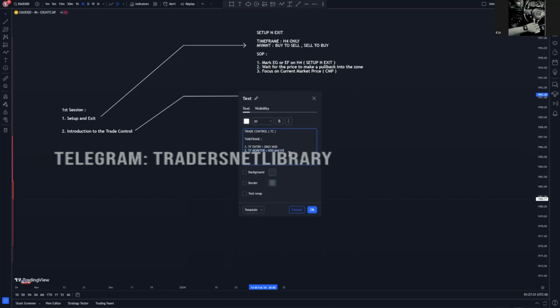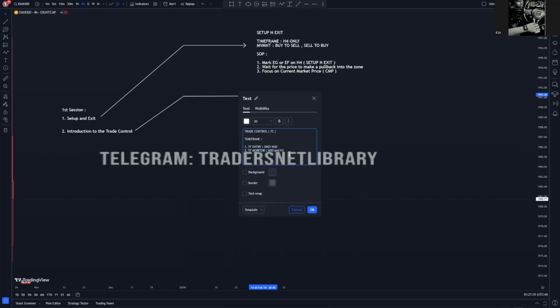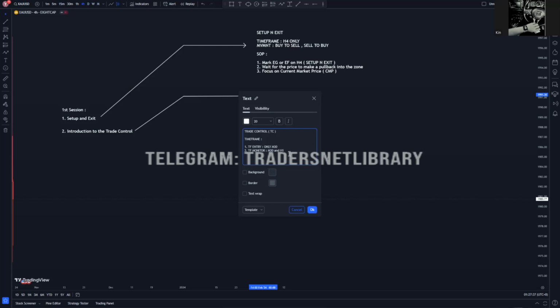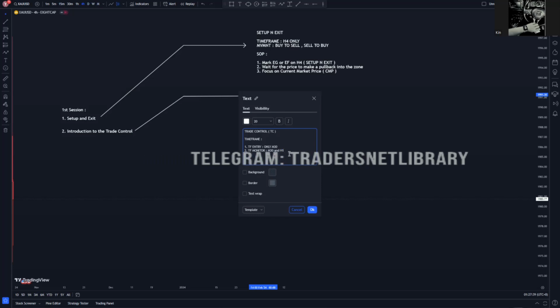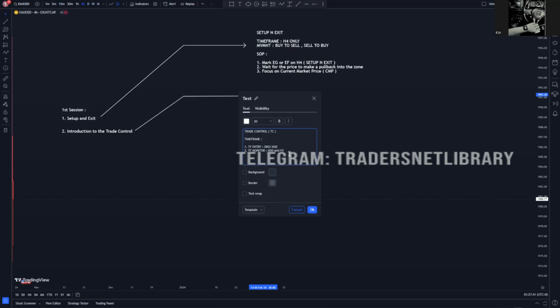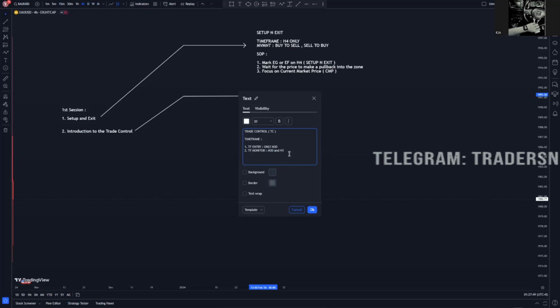For those who can catch up with the schedule, it's going to be really helpful. In the first and second sessions, I'm just going to use M30, strictly no H1.